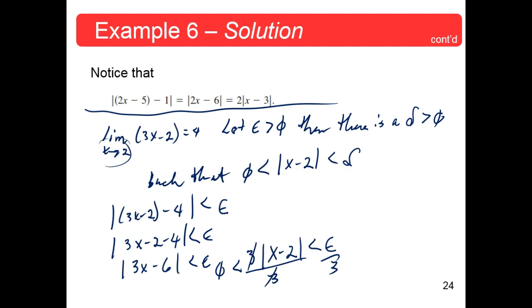No matter how small you want that tolerance to be, you can find a delta. There may be ones where you can't find a delta, and if so, they don't have a limit. But this one does. No matter how small you make the epsilon, take a third of it, and you've got a delta that works.